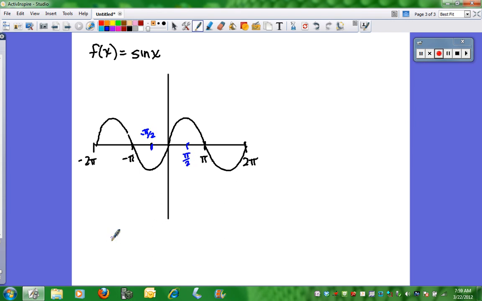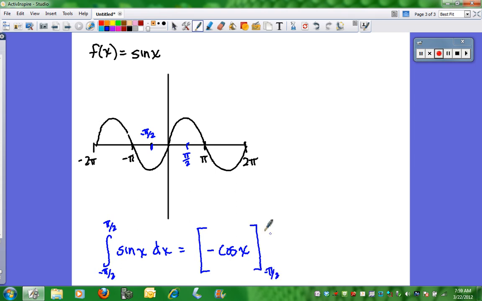So we're going to take the integral from negative pi over 2 to pi over 2 of sine x dx. Using the first fundamental theorem of calculus, the antiderivative of sine x is negative cosine x, from negative pi over 2 to pi over 2.